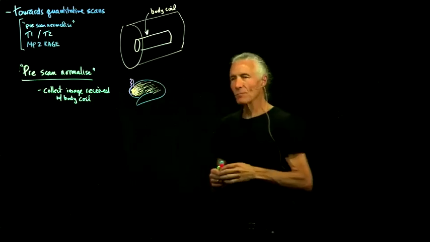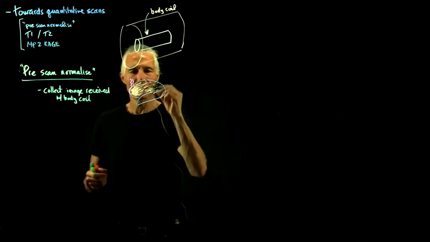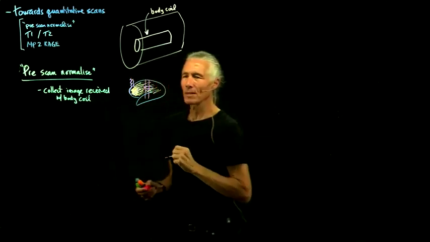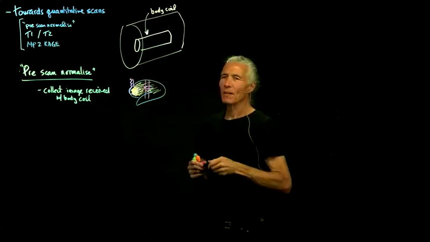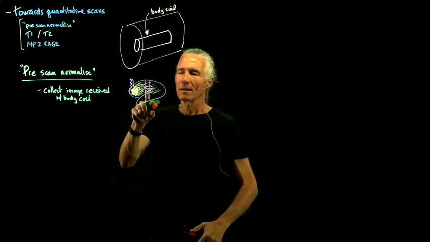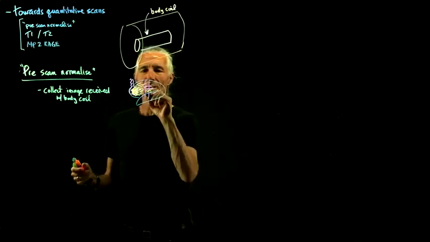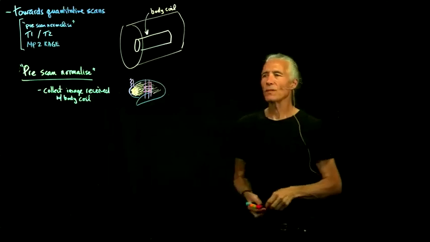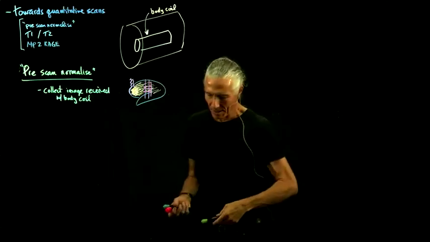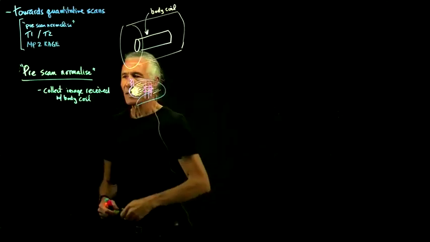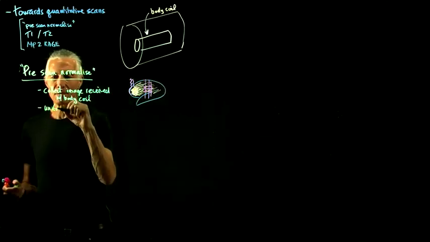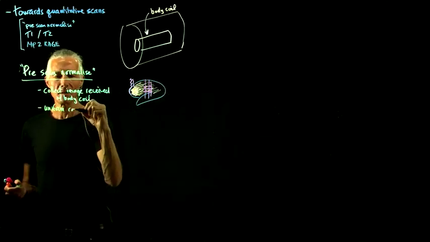Because it's smooth, you don't have to collect very small voxels. Any old voxels, big enough like that, give you enough information to calculate that relatively smooth field. And the advantage of this is uniform brightness, uniform coil fall off.